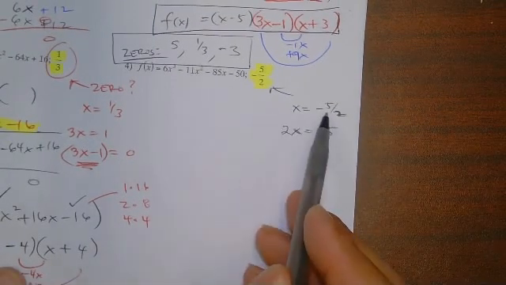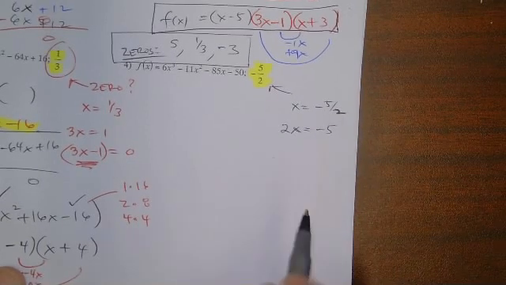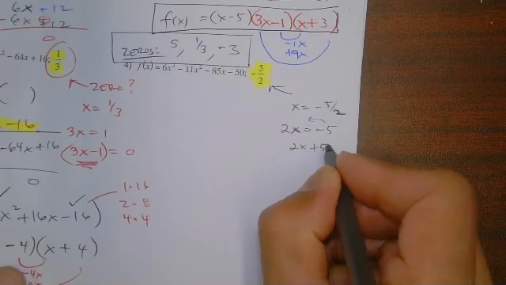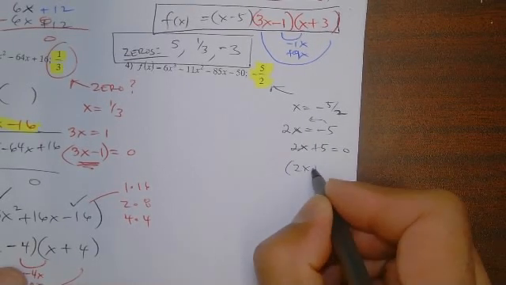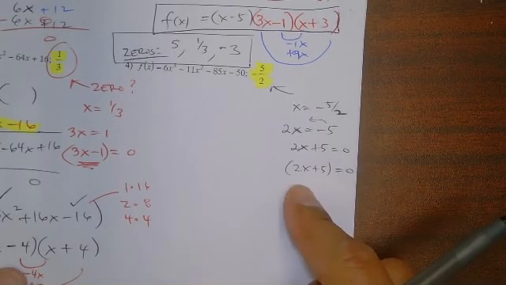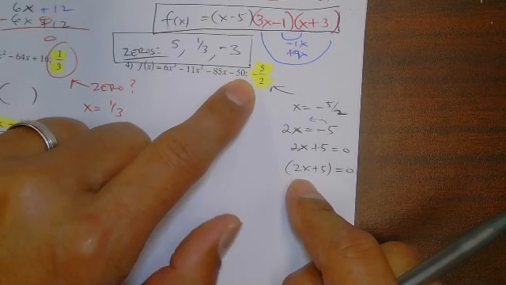Well, here you got to multiply by 2, so that would be 2x equals negative 5. Multiply this side by 2, multiply this side by 2. How do I know? Whatever the number is in the denominator. And then you move this over. That'll be 2x plus 5 equals 0.